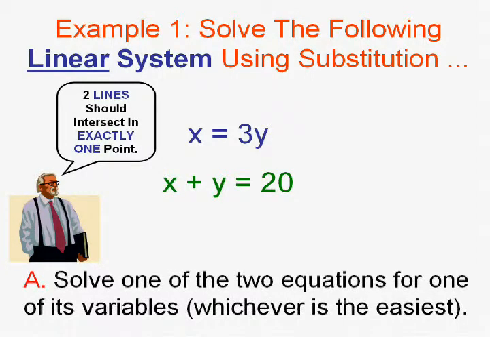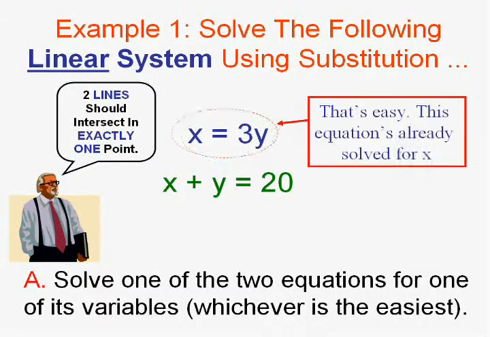So we'll start off by solving one of the two equations for one of its variables. You get to pick whichever one you want, whichever is easiest. Now in this case, I think the blue x is the easiest because it's already solved for x.